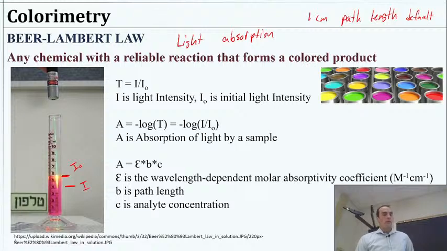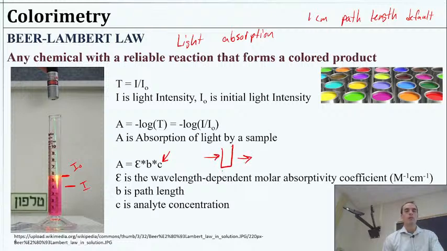We can also define the absorption in the following way. We have a path length, that's how thick our cuvette is, right? If light's coming through, this is the 1 centimeter, typically.